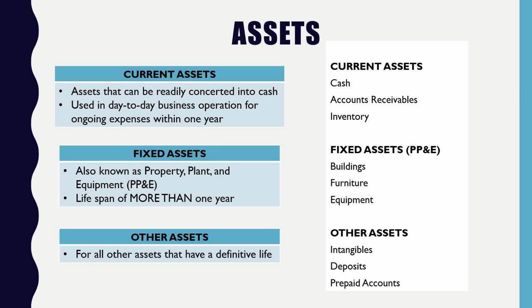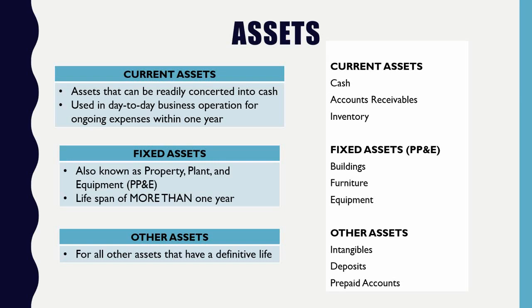I gave you a bunch of examples of a current asset. It's something that you can easily convert into cash within the year. So that's easily convertible. Again, inventory: I can easily sell that and turn it around in 24 hours and it becomes cash instantly. So that is how we categorize our accounts even further as a current asset.